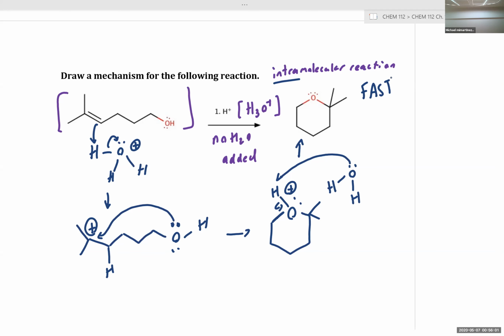Mechanistically, the only thing that's changed is your nucleophile is an internal alcohol rather than external water. On exams, you may see cases where you observe intramolecular reactions, and I just want you to know they're very fast. They will outcompete intermolecular reactions in most cases.